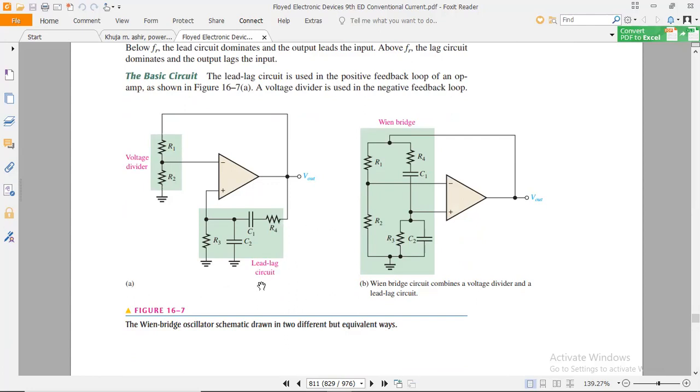The lead lag circuit maintains the higher and lower frequency with the resonance concept. The same scenario is also shown in figure B, in which the Wien bridge circuit combines the voltage divider and lead lag circuit.